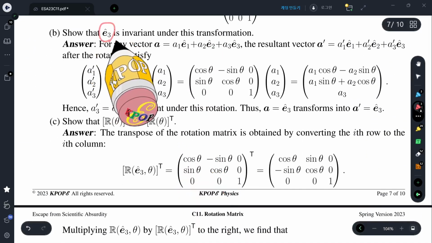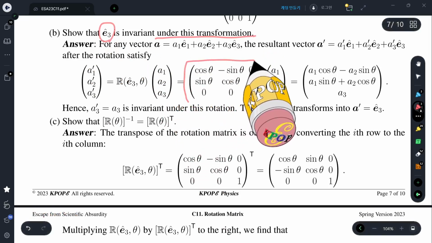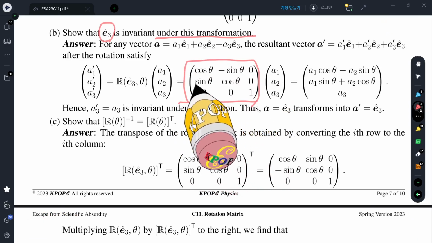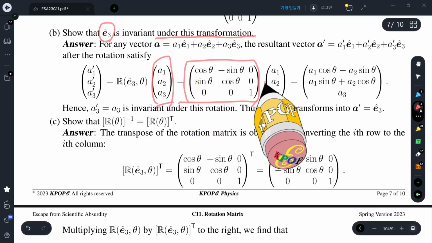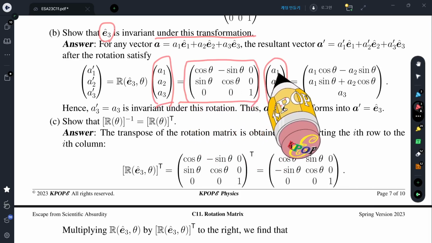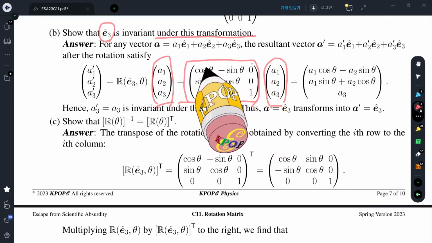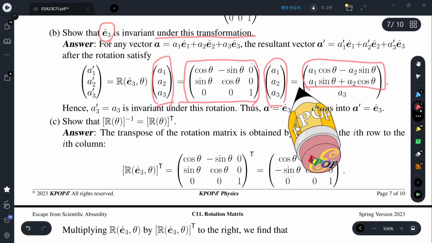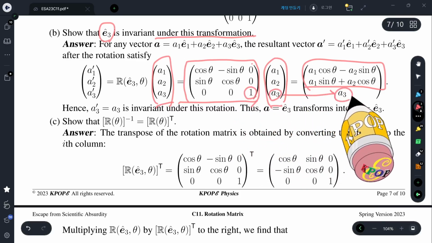E3 is invariant under this transformation. Okay, our rotation matrix about the z-axis is expressed in this manner. If I multiply an arbitrary vector, let's see what happens. Here, the z component doesn't contribute, so this is the same as the two-dimensional case. And then A3 is invariant.